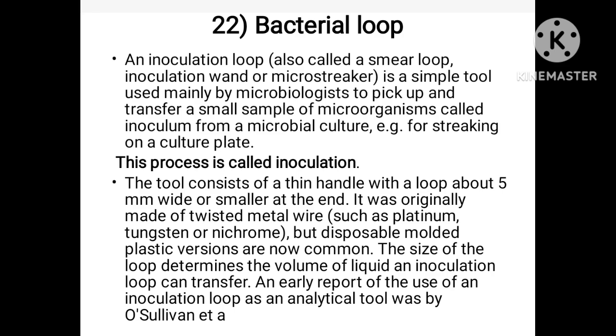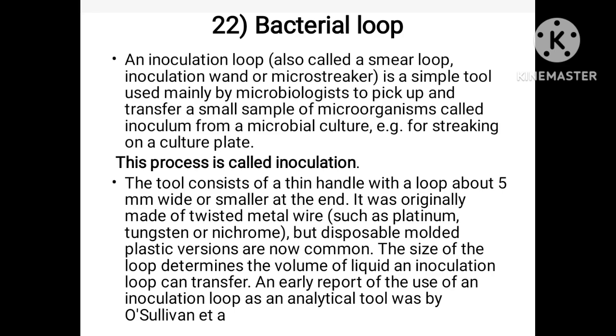The tool consists of a thin handle with a loop about 5 mm wide or smaller at the end. It was originally made of twisted metal wire, but disposable molded plastic versions are now very common.